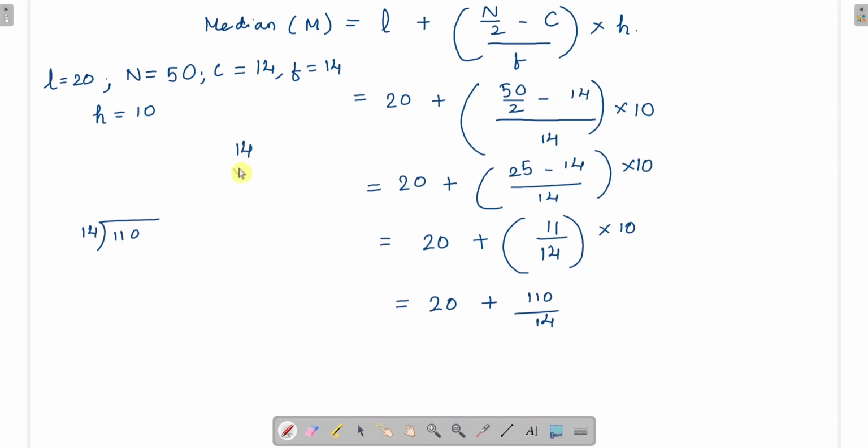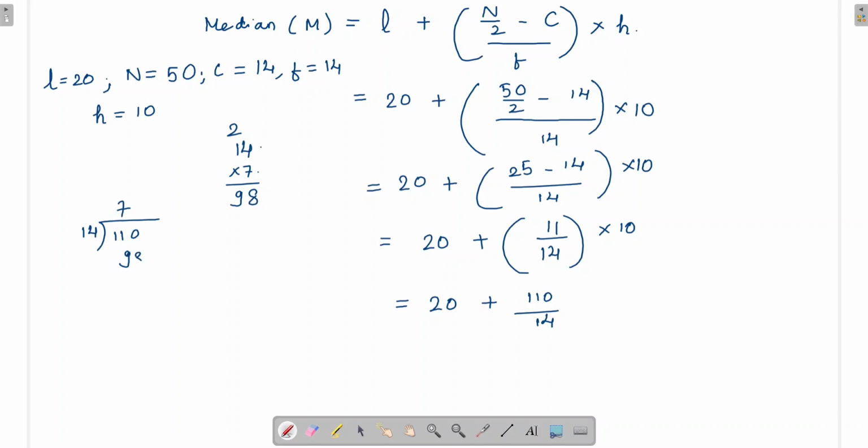14, 7 times. Let us see. So 7 4s are 28, 7 1s are 7 plus 2 is 9, so 98. 14 7s are 98.